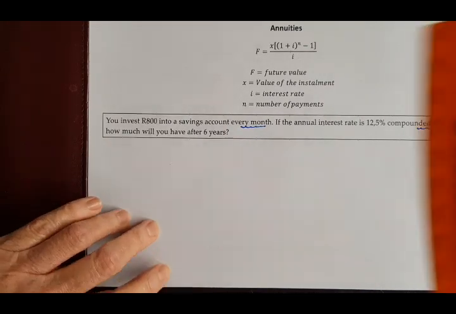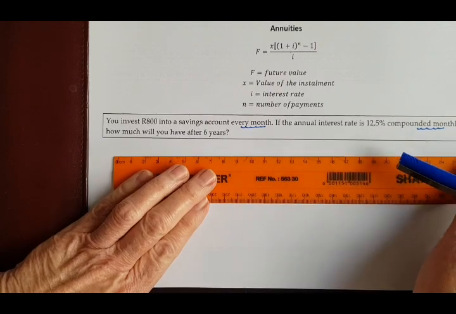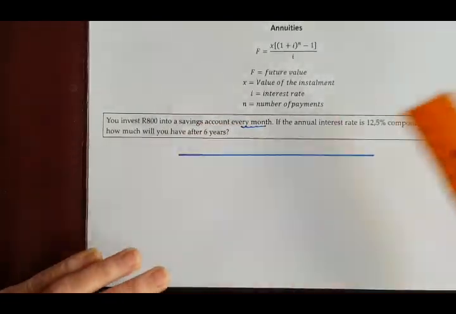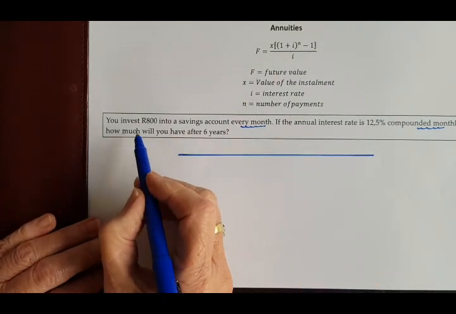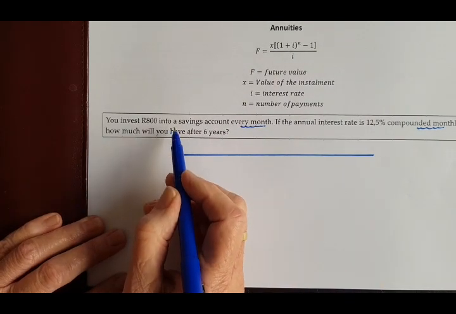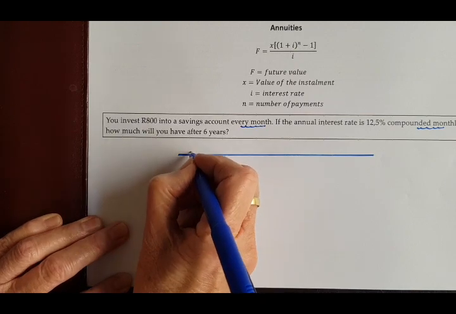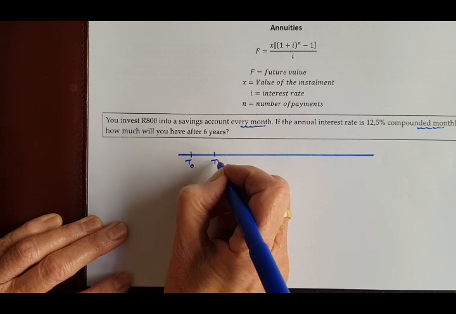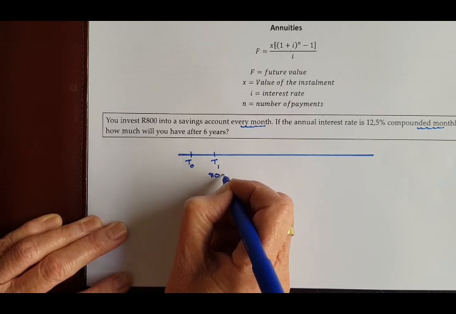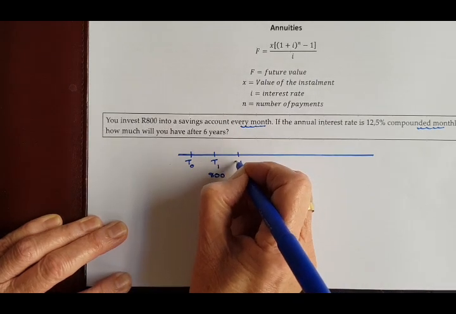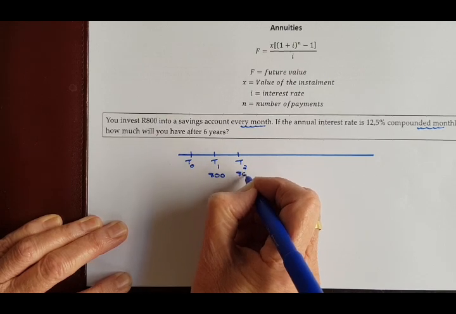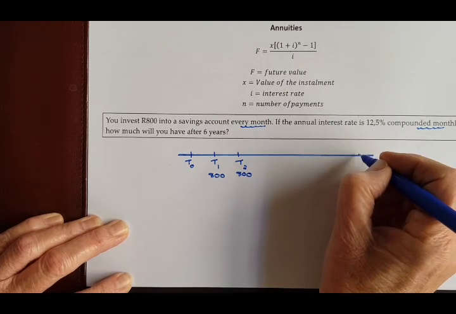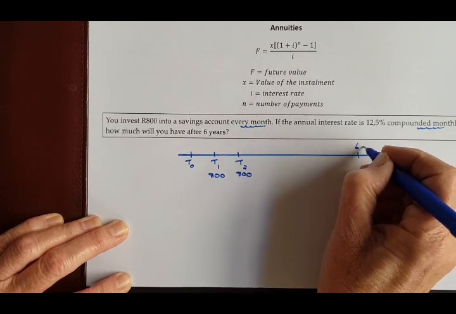Now, in this particular case, if we have a look at what's happening on our timeline. You invest 800 Rand every month. Unless stated otherwise, we are assuming that you make that deposit at the end of the first month, at the end of the second month, at the end of every month for a period of 6 years.